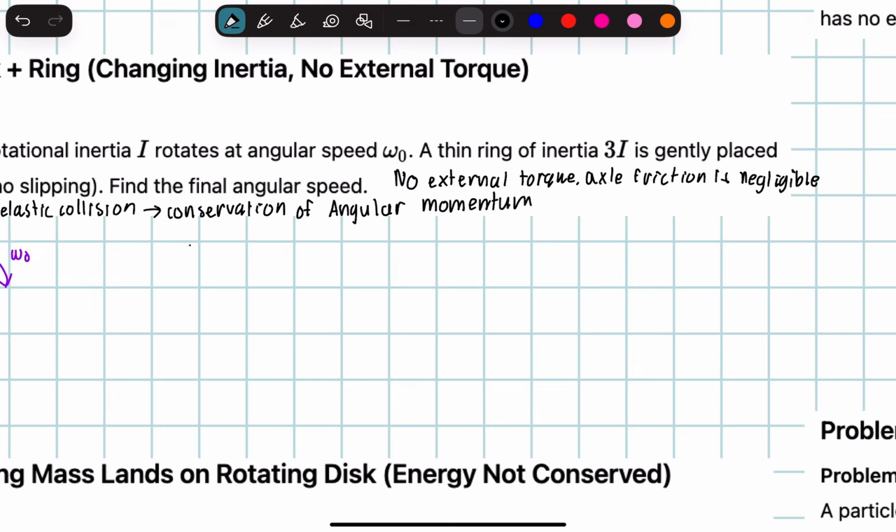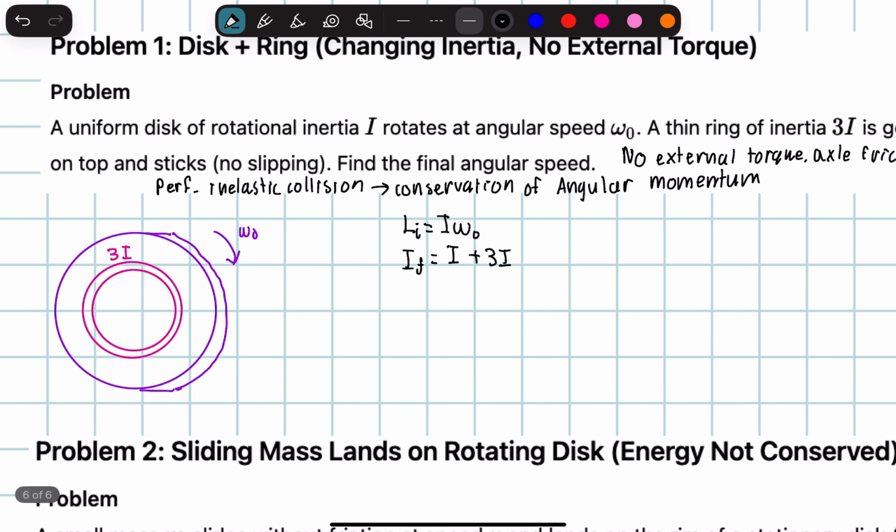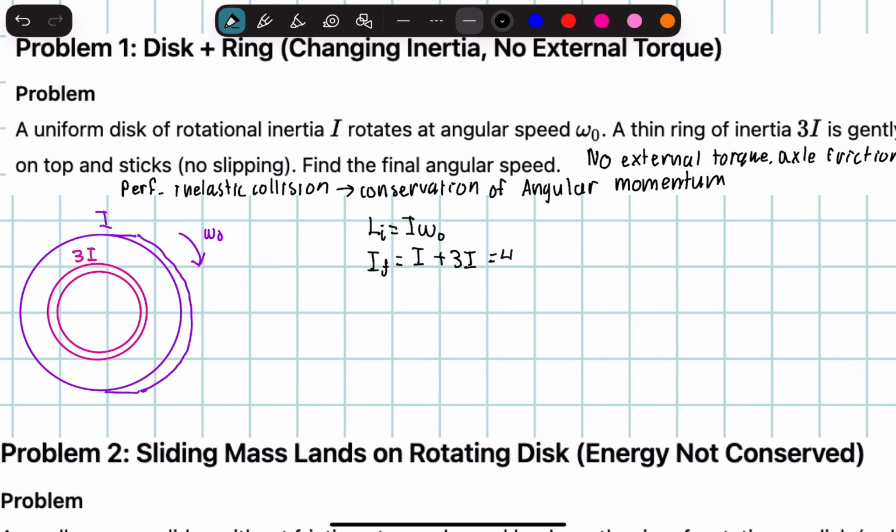Now we can write the initial. Li is equal to I times angular velocity initial, and then for the final, we want the final inertia, which is the initial inertia I plus 3I, so we have 4I.